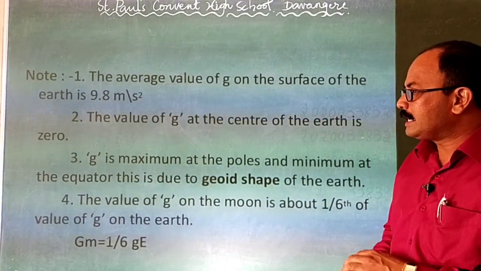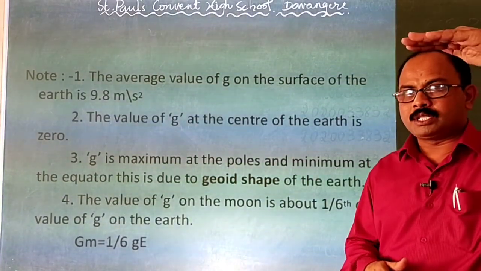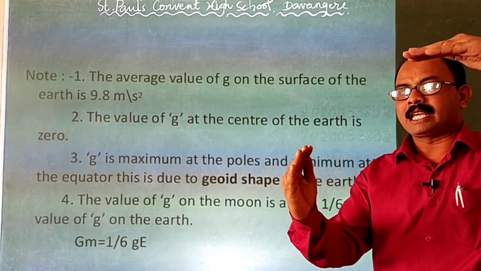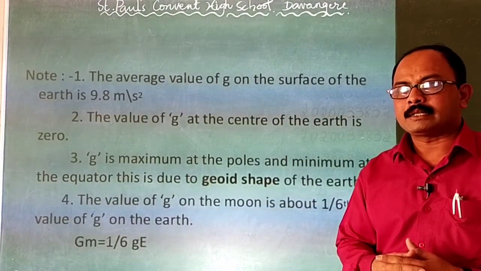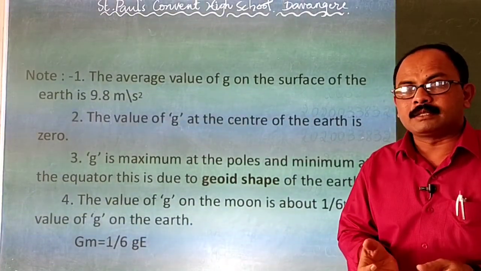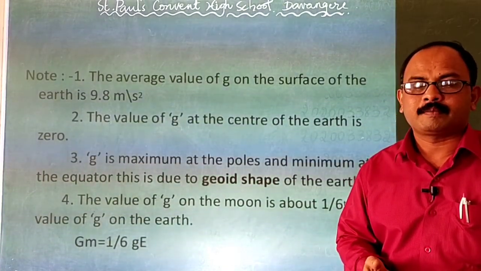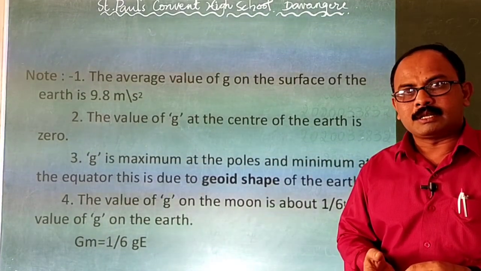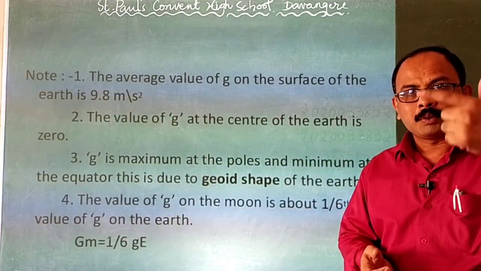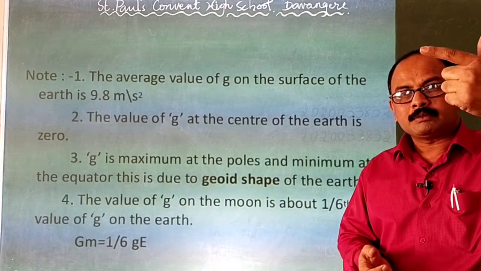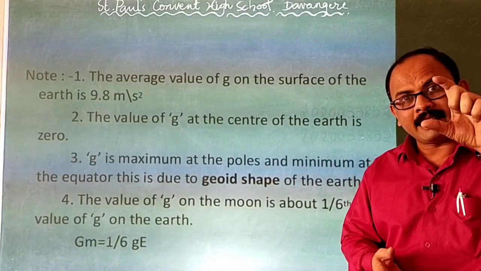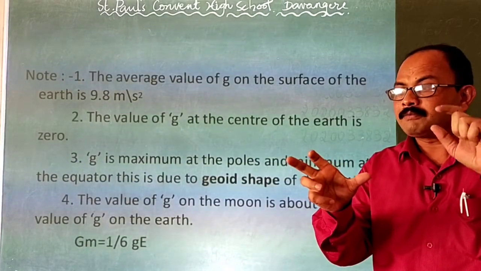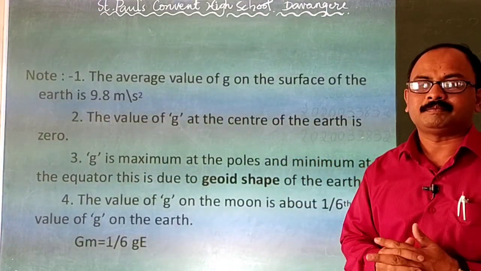Therefore, g is maximum at the poles, minimum at the equator. We know that the shape of the earth is known as geoid. So, the distance from pole to the center of the earth is lesser than the distance from equator to the center.